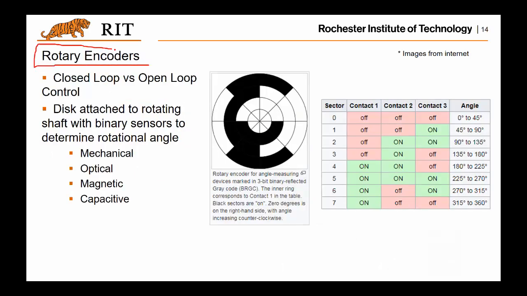Also, there are rotary encoders shown here for controlling the motor. There are multiple kinds: mechanical ones, optical ones, magnetic ones, and capacitive ones. Here it gives you an optical one.